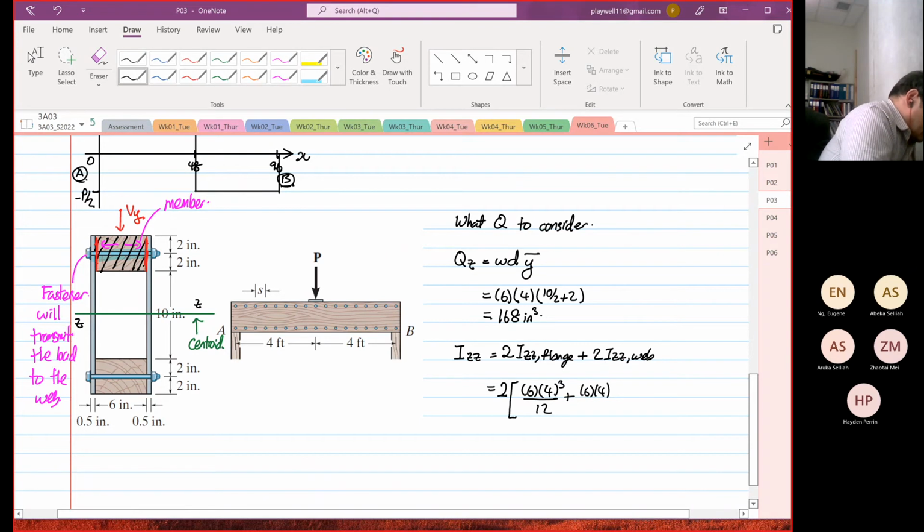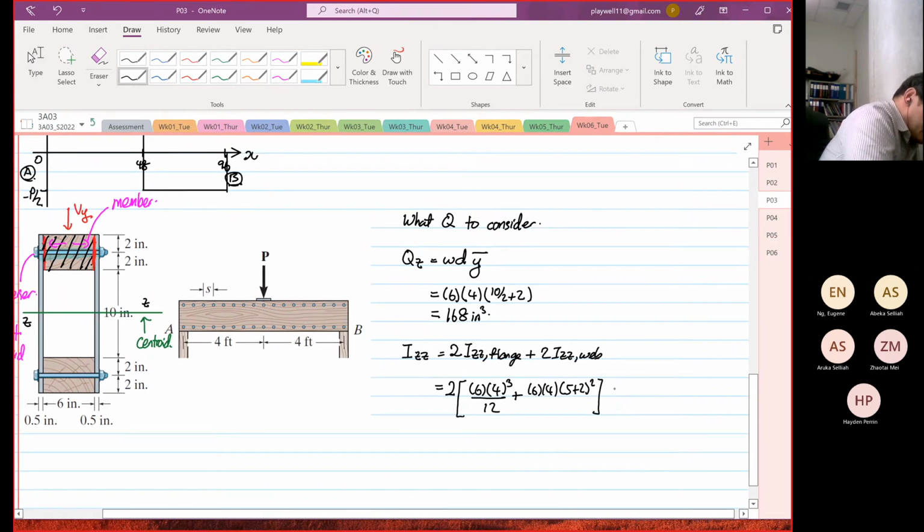Because the flange centroid is not on the global centroid, the distance will be 5 plus 2, squared. Then plus, whereas for the web, the global centroid and the web centroid are the same, you can ignore the area squared. So the width is 0.5.